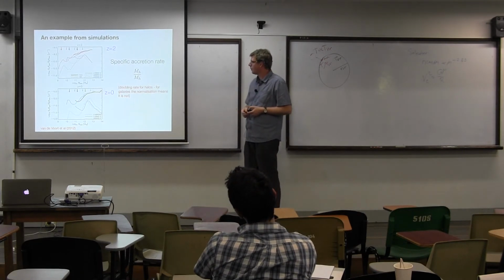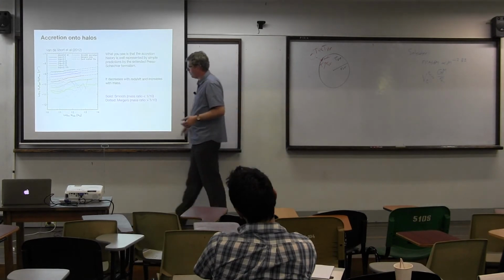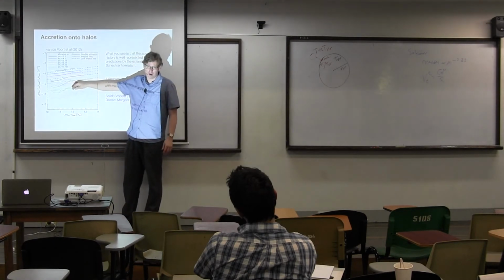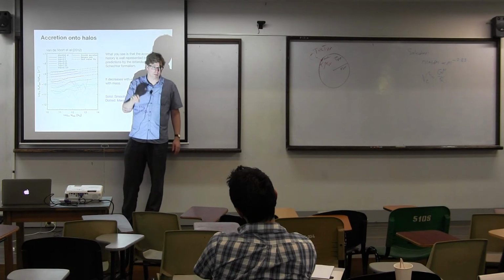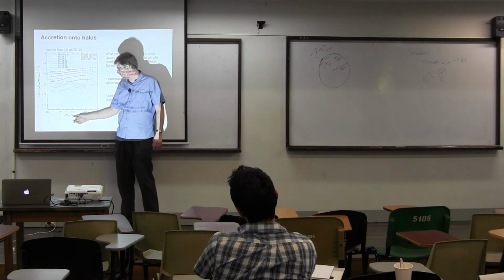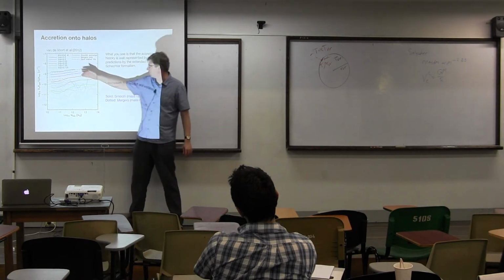But here is a more careful comparison. The comparison here is these colored solid lines are the measurements in the simulation of how much mass is accreted onto a halo of a given mass at different redshifts. Okay?